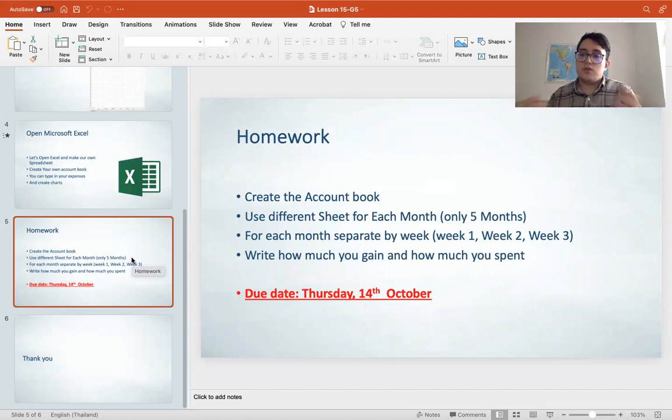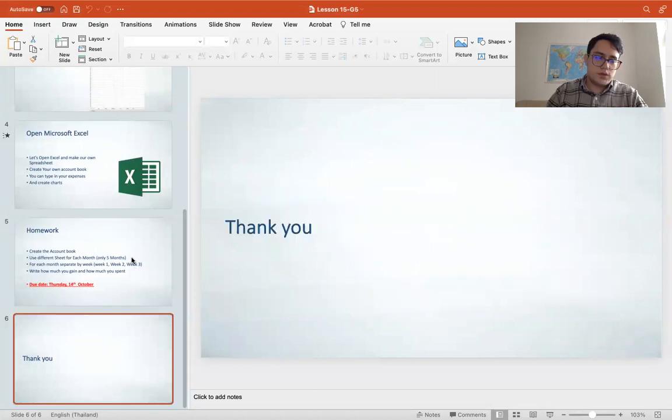So how much money you get, which is your pocket money, how much you spend, and how much you have left over. This homework is due on the 14th of October, so next week on Thursday.